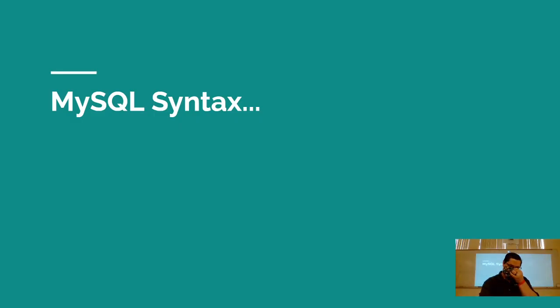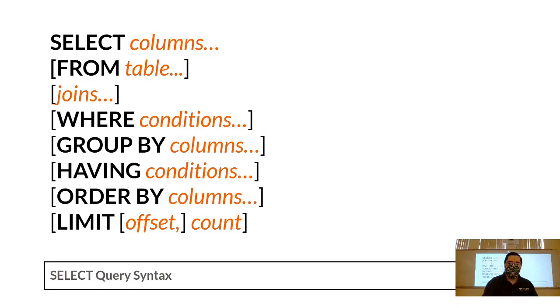Okay, so let's start with the syntax that MySQL uses and how that fits in. MySQL syntax is pretty similar to most other versions of SQL in these regards, but there are some minor differences, the main one being how limit is implemented.